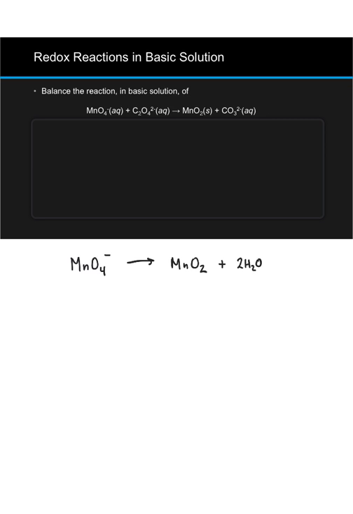I'll put 2 H2Os on the right-hand side. This also produces 4 H's on the right-hand side, so I'll add 4 H pluses to the left-hand side. And in this way, we balance atoms. On the left-hand side, we have 4 positive charges and a negative charge. That's 3 positive charges overall. We don't have any charge whatsoever on the right-hand side.